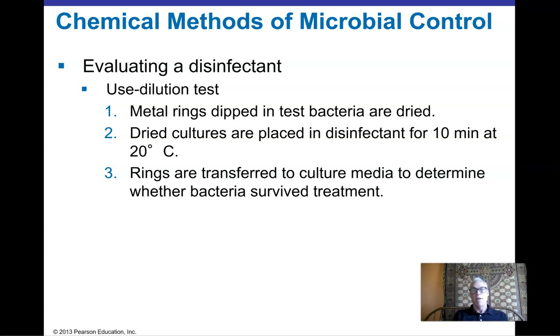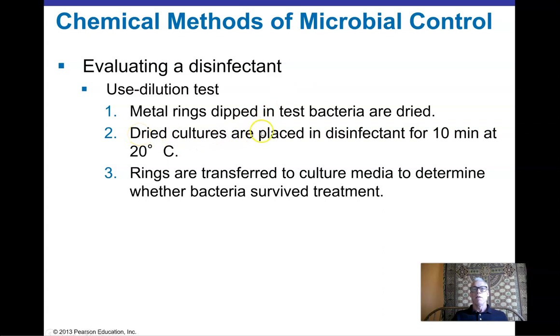How do you test to find out if a particular disinfectant at a particular temperature is going to sufficiently remove microorganisms in a setting in which you wish to operate, say bringing patients in and operating with them? So one possible way to establish the effectiveness of a particular cleanup would be a use dilution test. Metal rings or rods are dipped in a solution of bacteria and allowed to dry, sort of like when you produce a slide for staining.